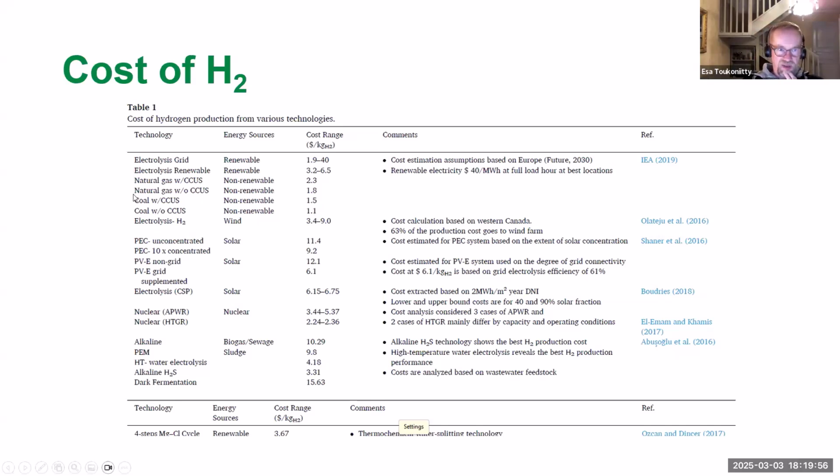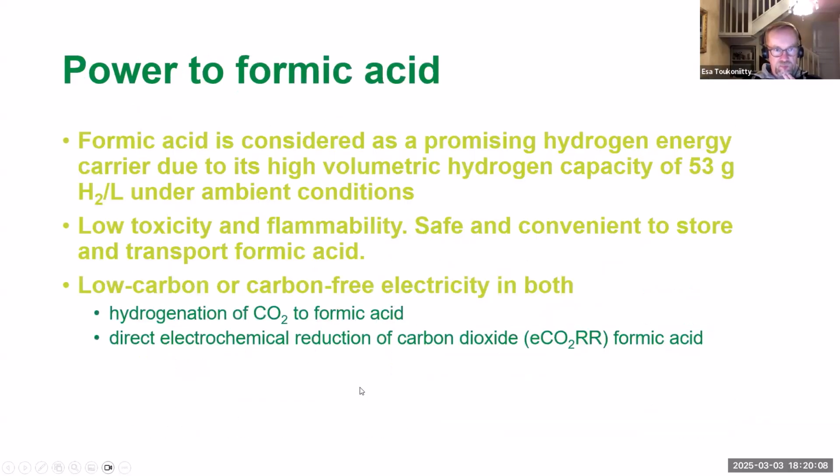The cheapest ones are these fossil-based, you'll see here non-renewable or coal or natural gas based hydrogen production methods.